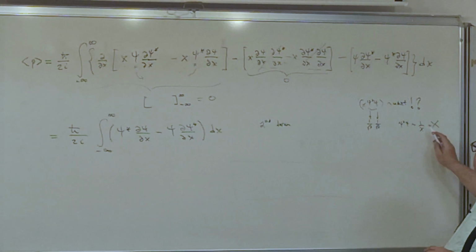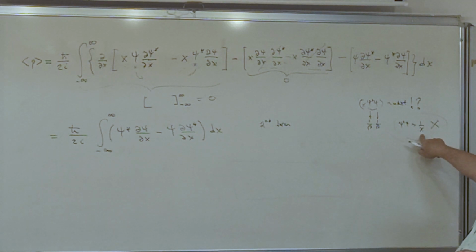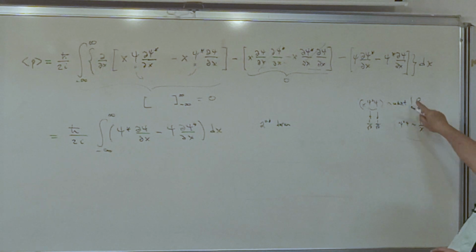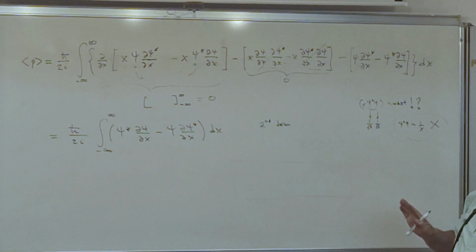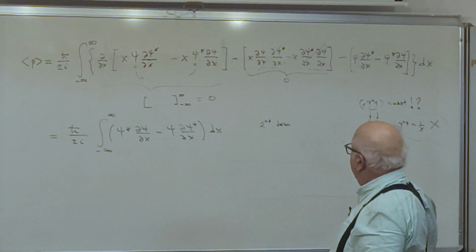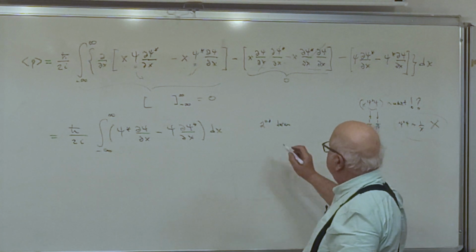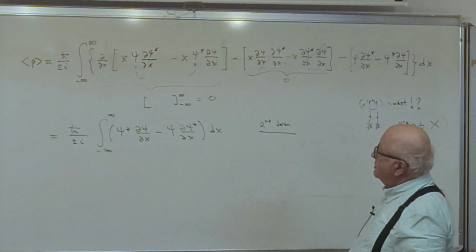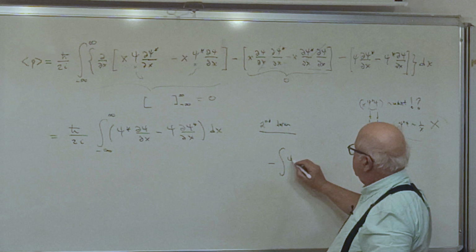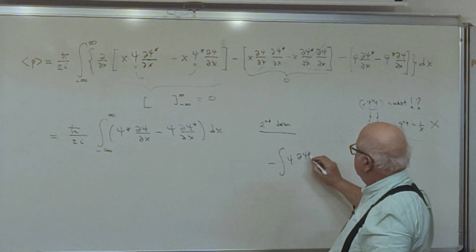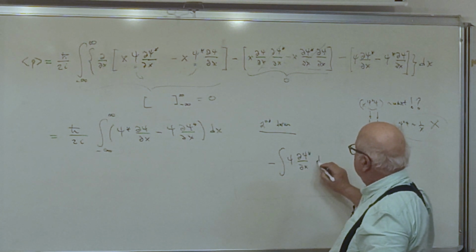So if psi star psi is normalizable, it has to go down faster than 1 over x. And if it goes down faster than 1 over x, then this has to go to 0. So we are safe. All right, so let's look at the second term. The second term is minus psi del psi star del x dx.